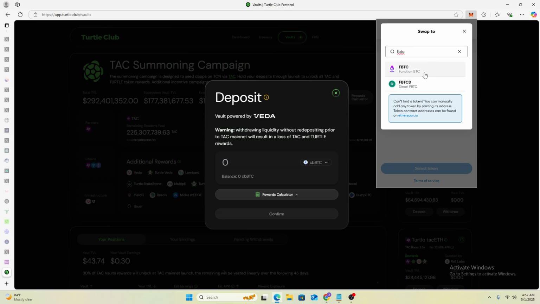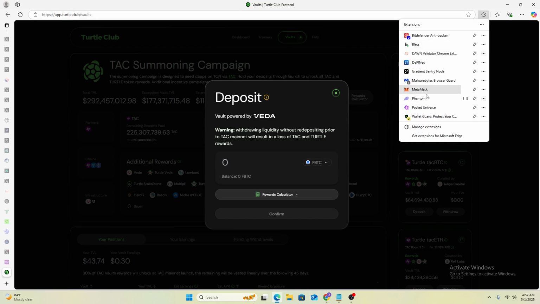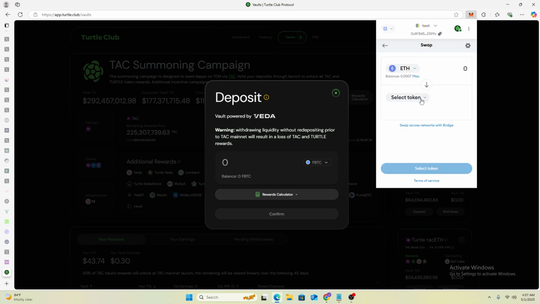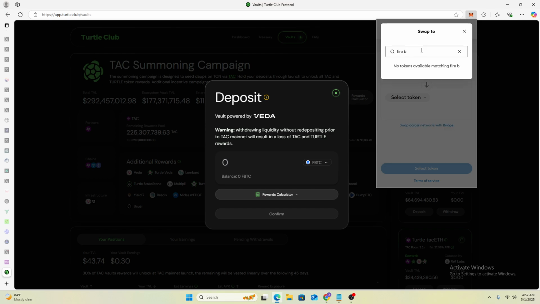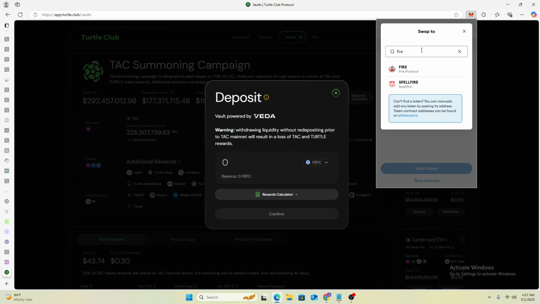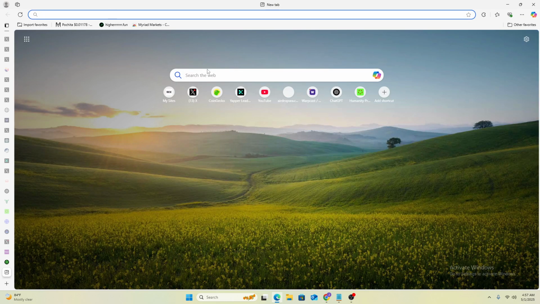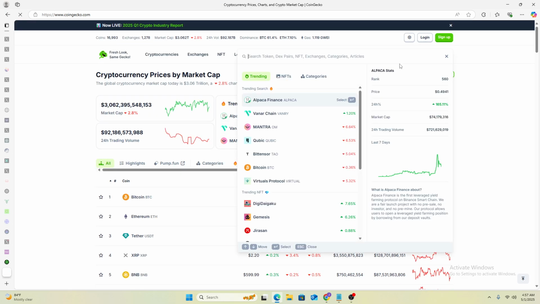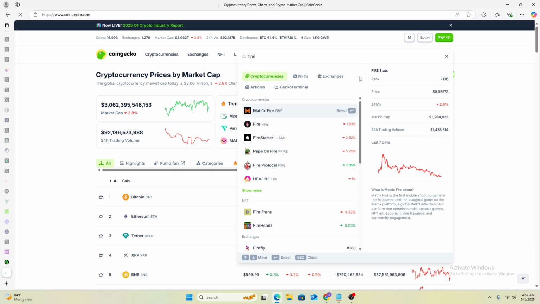So FBTC is referencing this one, Function BTC. No, this is the wrong one. This is Fire BTC. Okay, so for this FBTC, it's a bit complicated. You will need to go to the likes of CoinMarketCap or CoinGecko and look for it there.